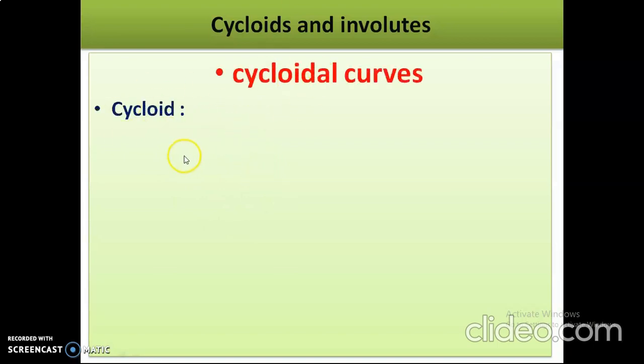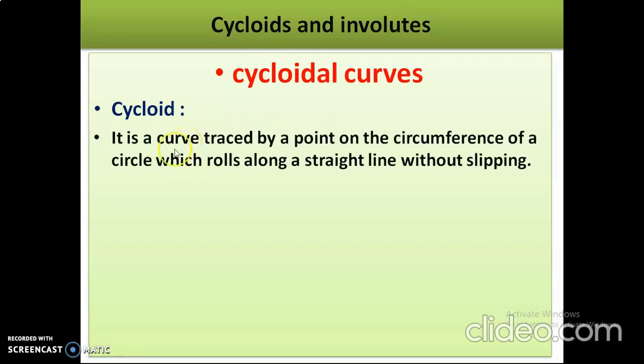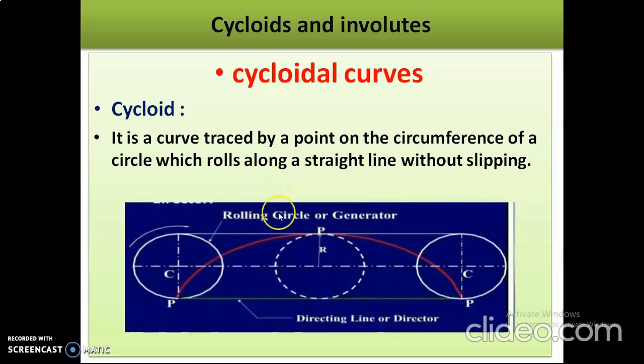We have already discussed it in the previous slide. A cycloid is a curve traced out by a point on the circumference of a circle which rolls along a straight line without slipping. Or, when a circular body rolls along a straight path without slipping, it forms one type of curve that is also called a cycloid. This is about the general cycloid.